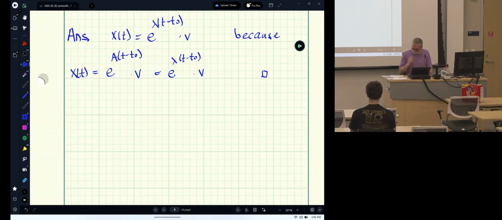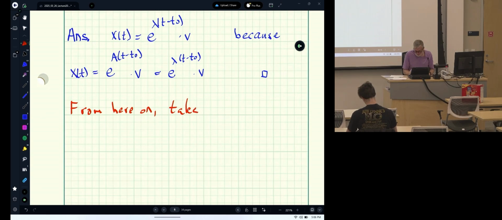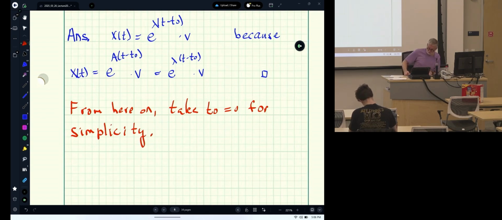Okay, so from here on, I'm going to take t0 equals 0 just to make the formulas simple, okay? If you want to start at t equals 17 seconds, no problem.